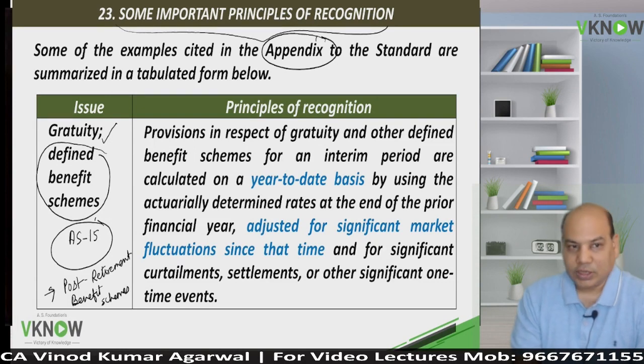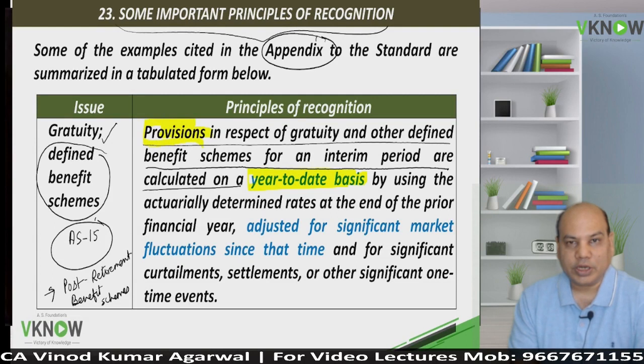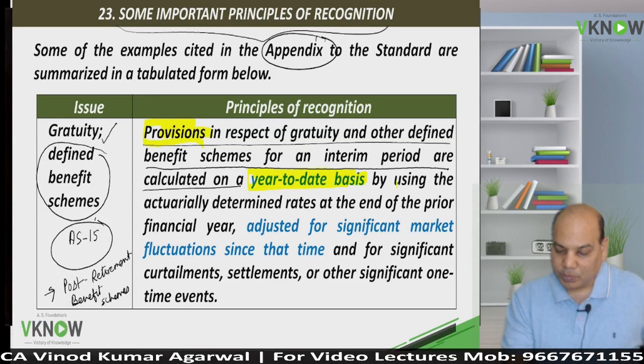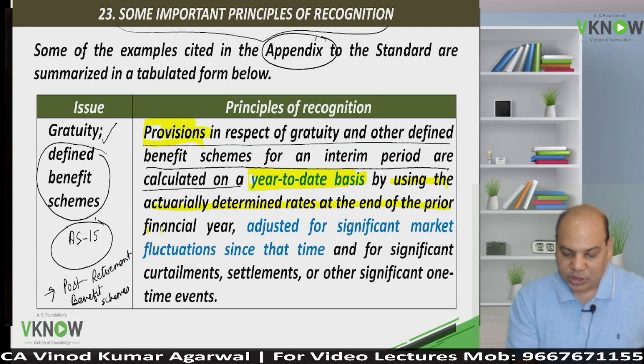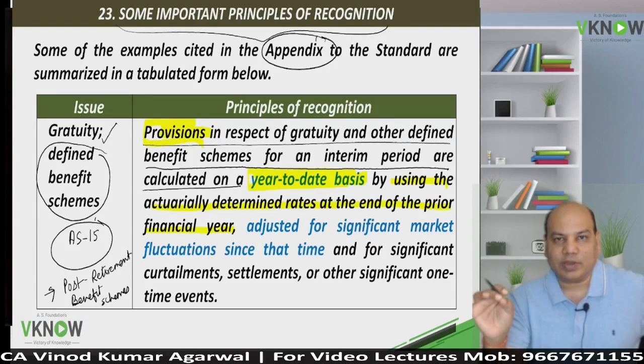So the standard says the recognition principle would be as follows: provision in respect of gratuity and other defined benefit schemes for an interim period is calculated on a year to date basis. Provision will be calculated year to date from the beginning of the current year till the end of that interim period by using the actuarially determined rates at the end of the previous financial year, because at the end of the previous year a detailed actuarial valuation is done.